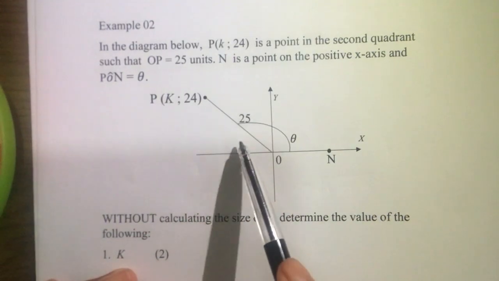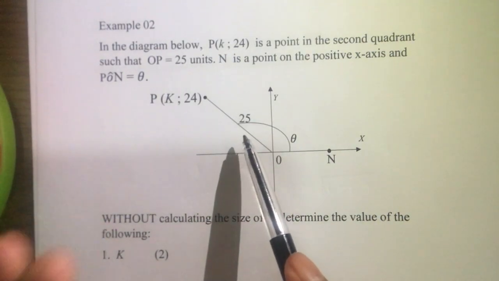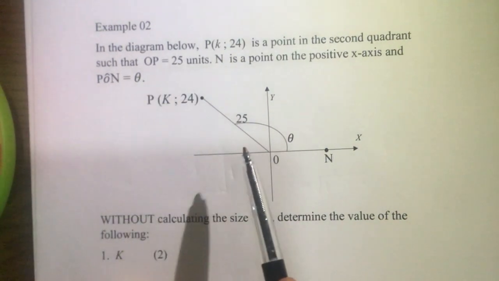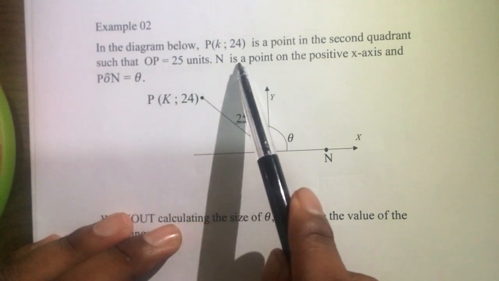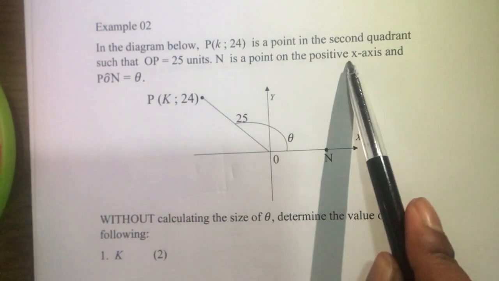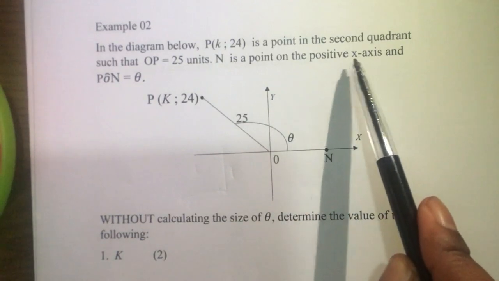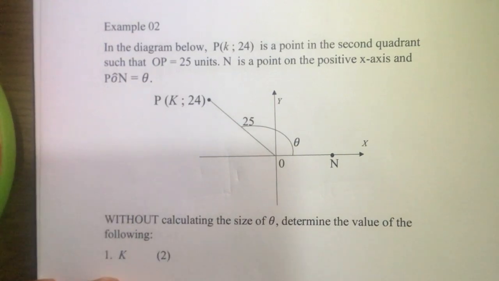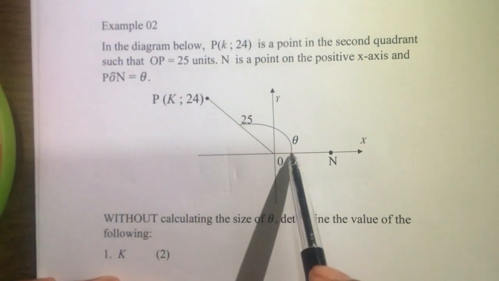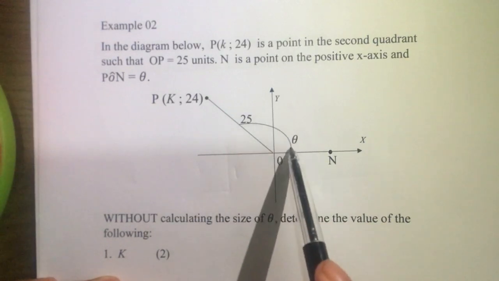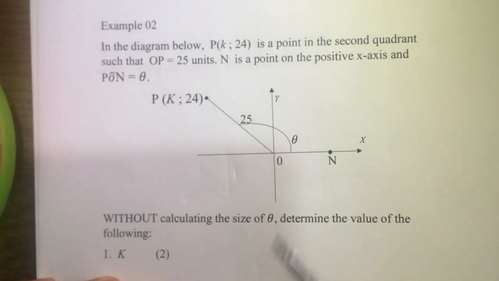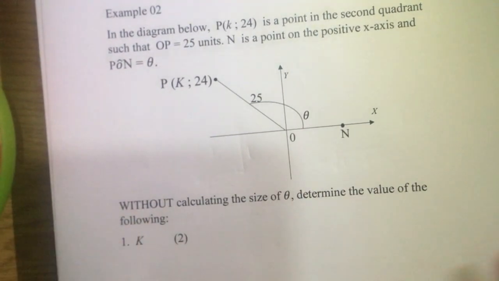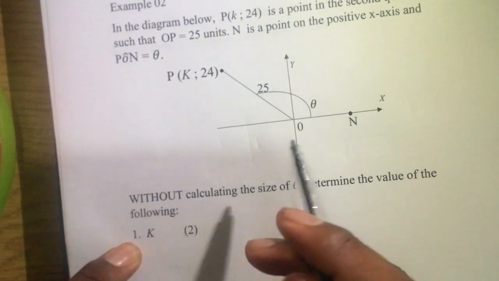We can see that P is in the second quadrant, such that OP, which is the hypotenuse side, is 25 units, N is a point on the positive x-axis, as you can see, and angle PON is equal to theta. This is our theta. And when we check, our theta is above 90. So it's not less than 90, but above 90.